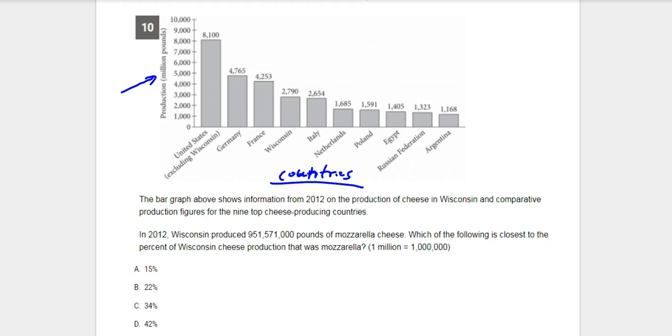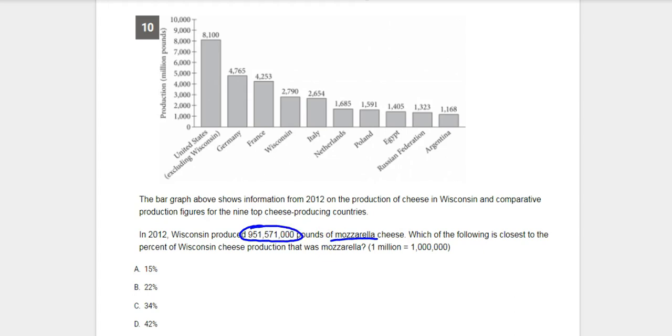They're comparing it to Wisconsin. It says in 2012, Wisconsin produced 951,571,000 pounds of mozzarella cheese. So they produce a lot of different types of cheese, but I guess this much was mozzarella.